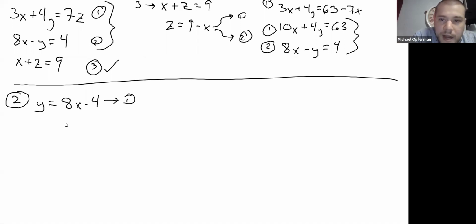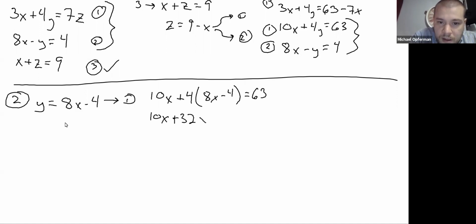So equation 1 now becomes 10x, that can stay the same, plus 4 times 8x minus 4. I'm going to write it out longhand this time. And then the 63 can be left alone. Distribute that 4 through, so I'm going to have 10x plus 32x minus 16.